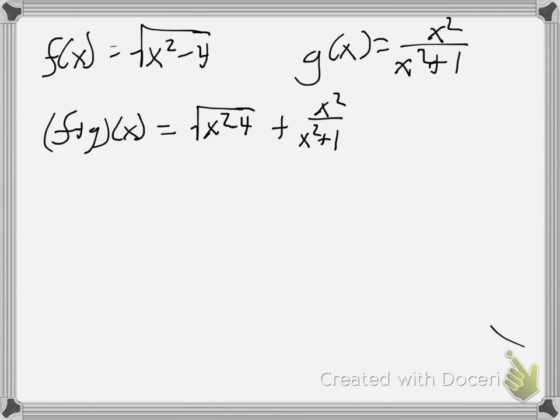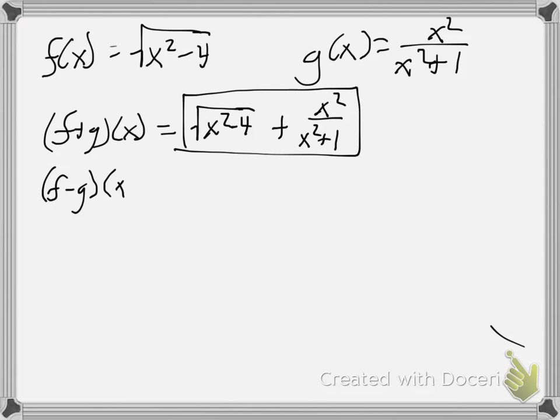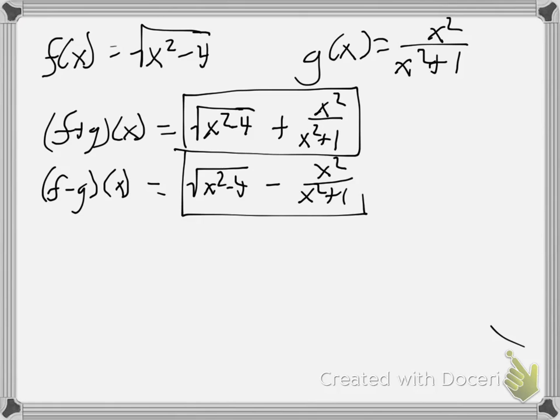And I could try to work to get a common denominator of x squared plus 1 and add them all together, but honestly that's probably just going to make things messier than if I just leave it like that. Now if I do f minus g of x, similar sort of thing, just instead of plus I have minus. And once again I could try to get common denominators and add that all together, but I think that we'd be biting off more than really worth it.